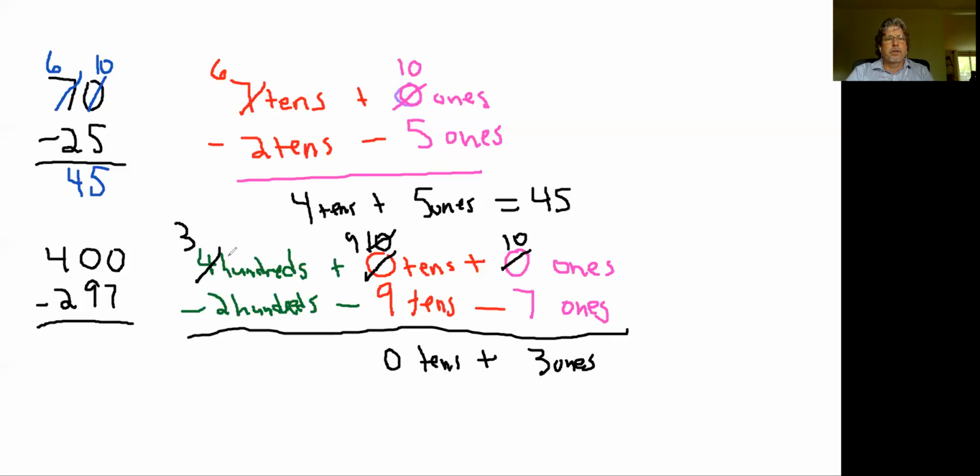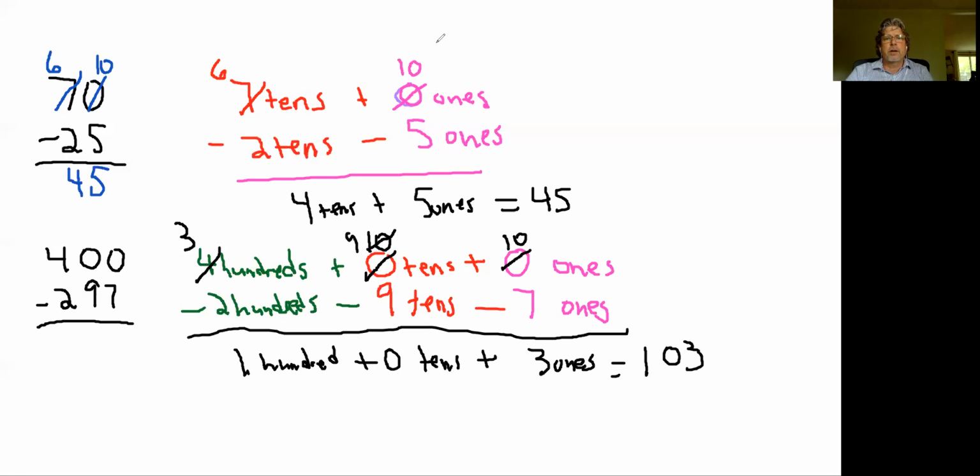And then if we have 300s, take away 200s, that's going to leave me with 100. So we're going to combine these all together. So our answer would be 100, 0 tens, and 3 ones. So the answer would be 103.